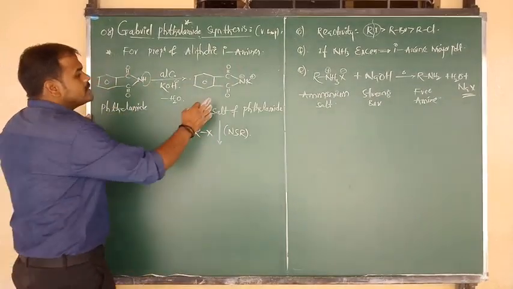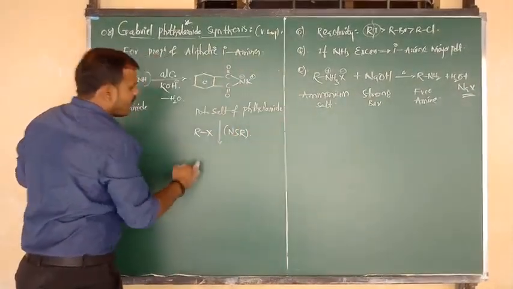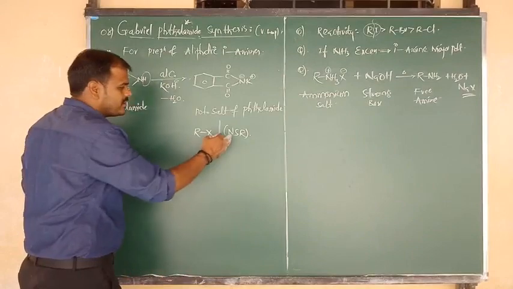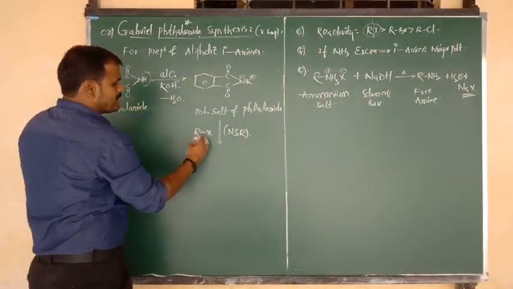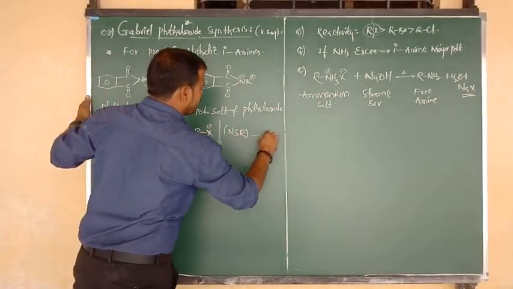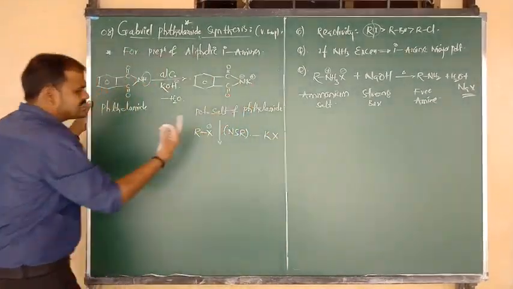Anyway, now the potassium salt of phthalimide on reaction with alkyl halides undergoes nucleophilic substitution reaction. What will happen? K plus combines with X minus and is removed in the form of KX.